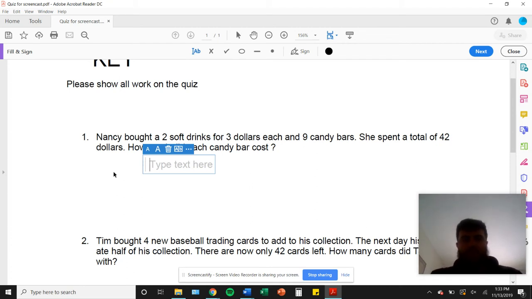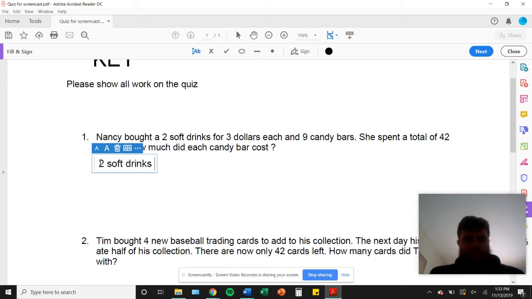So let's begin. For number 1, I know this is not in pen, but let's just follow along as much as you can. Nancy bought 2 soft drinks for $3 each and 9 candy bars. She spent a total of $42. How much did each candy bar cost? So she bought 2 soft drinks, and each one was $3, right?